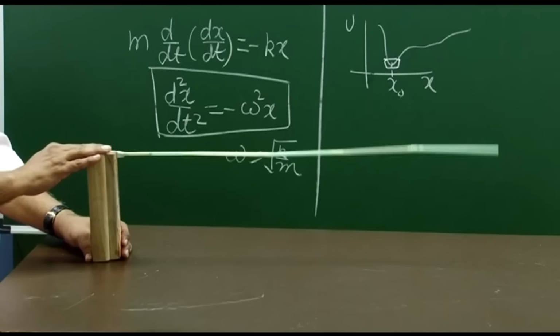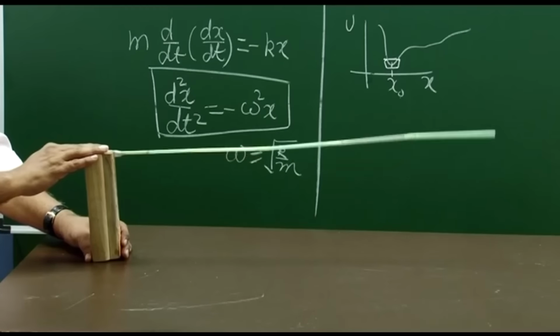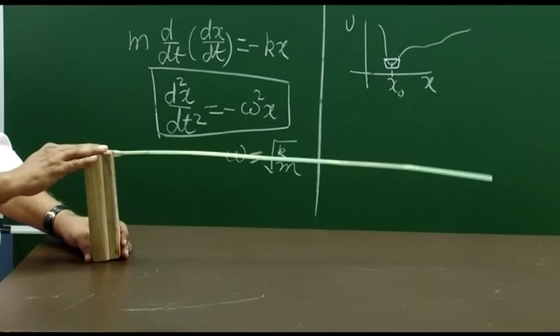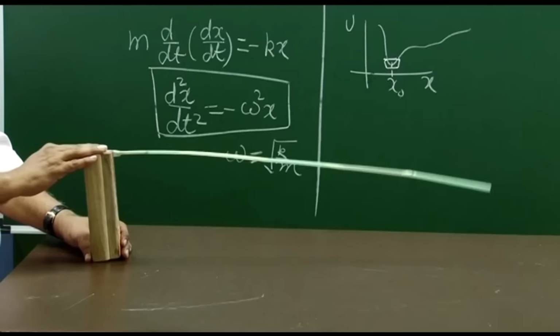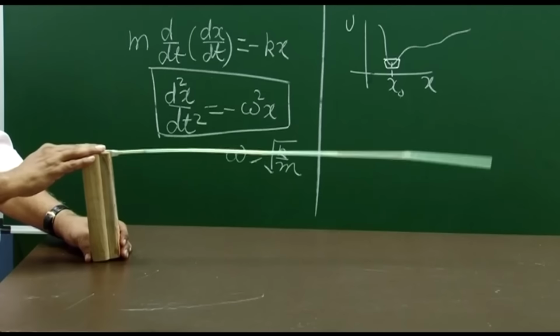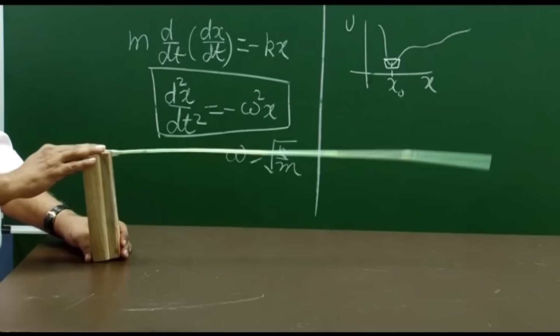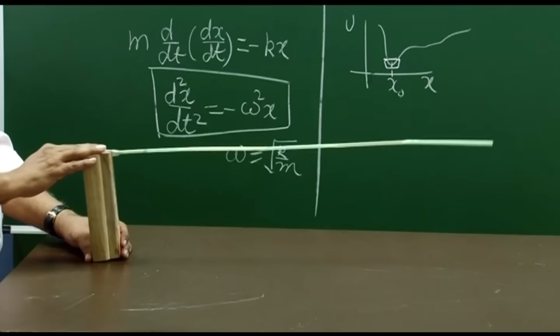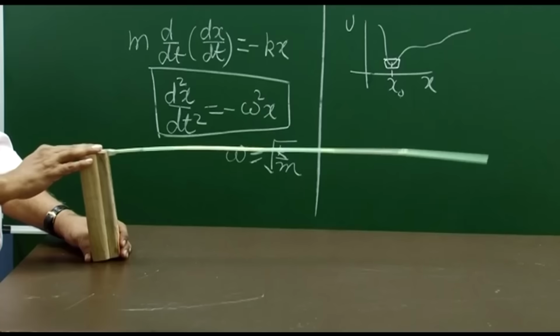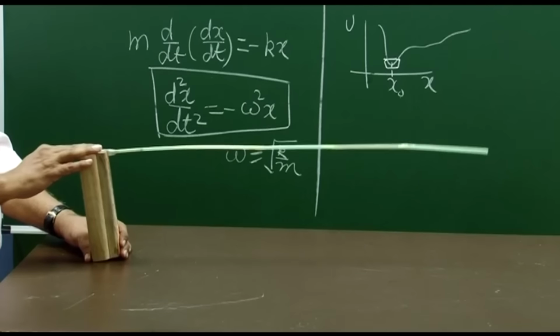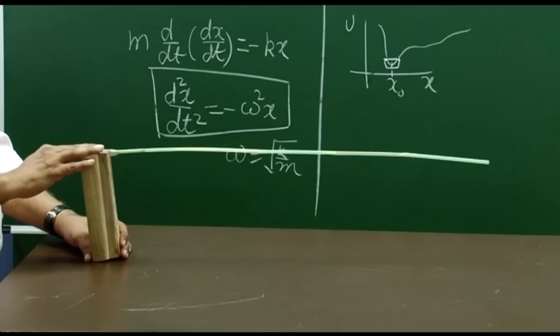I am moving my fingers with a very small amplitude, but you see a large amplitude appearing at the other end of the straw. And if I increase my frequency, although I am moving my fingers with a much larger amplitude, the frequency is also large, and you see the amplitude of the oscillation of the straw tip is much lower.